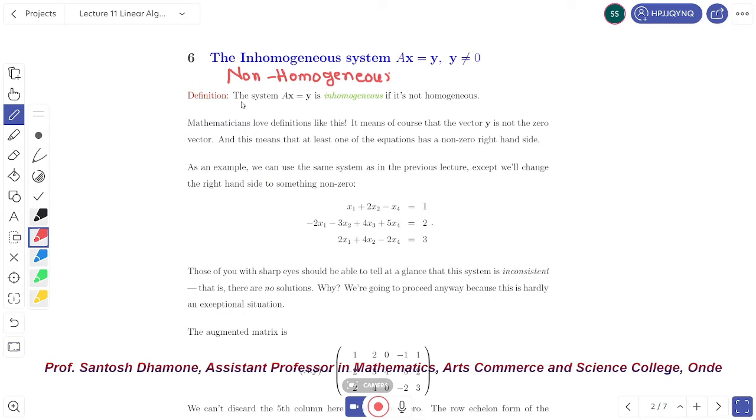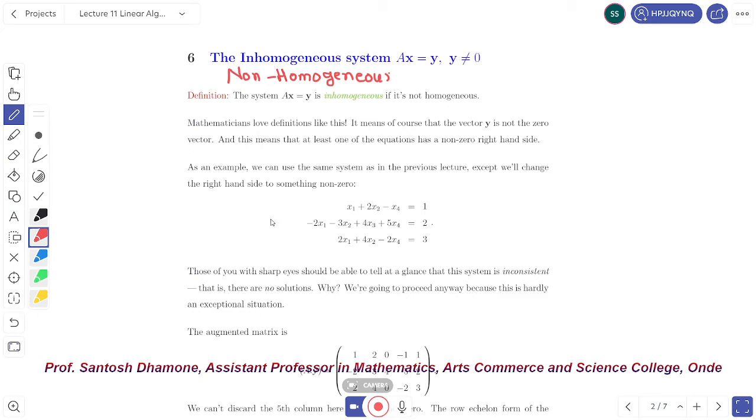Definition: the system Ax = y is inhomogeneous or non-homogeneous if it's not homogeneous. This is a simple definition of a non-homogeneous system of linear equations. Mathematicians love definitions like this. It means, of course, that the vector y is not the zero vector.